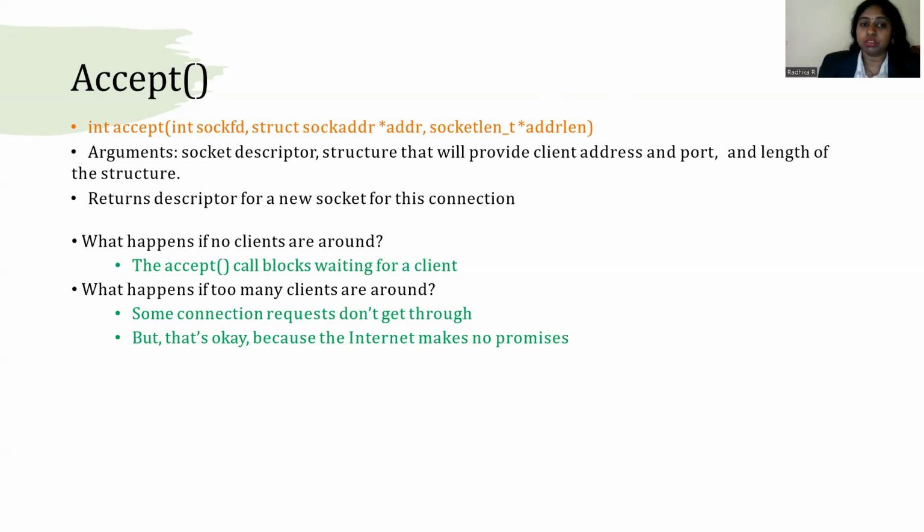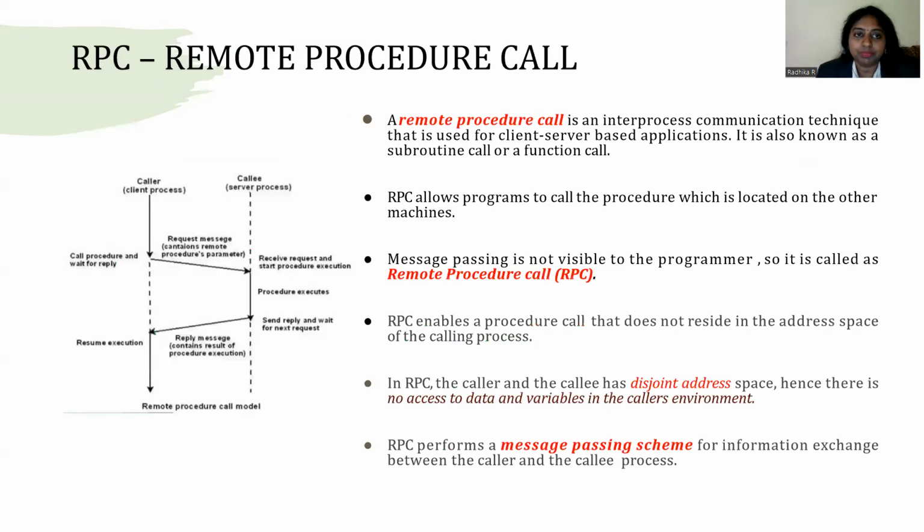So the accept call blocks waiting for a client. When the queue already has some waiting data, you have to wait for some time, so that when the queue is cleared, you can enter the queue to listen for the client connection acceptance. That is what is done here.